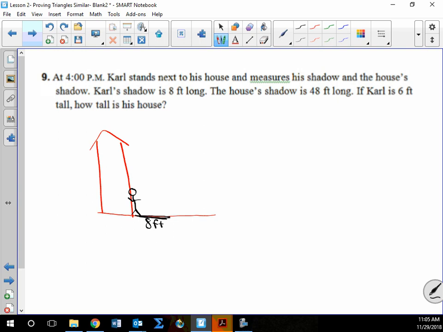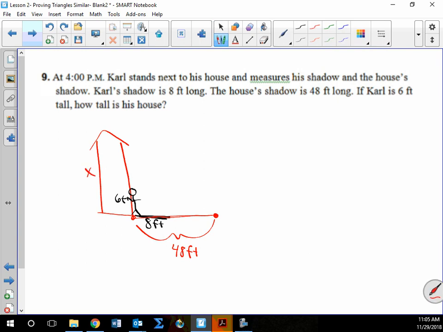And the house's shadow is 48 feet. And then they tell us that Carl is 6 feet tall. And we're trying to find how tall is the house. So I'm just going to put the x.